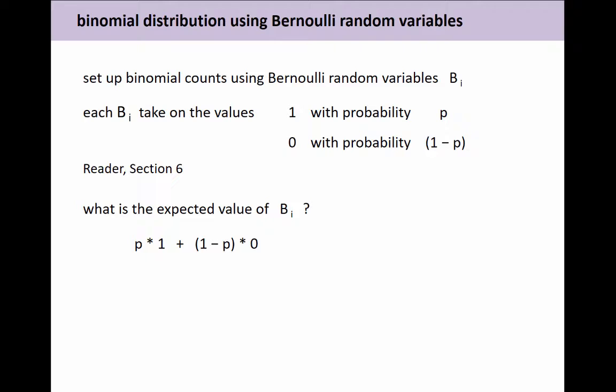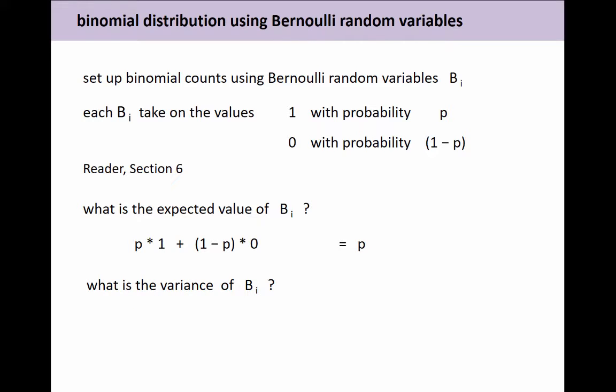So the expected value of b sub i is a probability weight of p on a 1 and a probability weight of 1 minus p on the value 0. And so of course this works out so that the expected value of the random variable b sub i is just equal to the probability of a 1, or p.